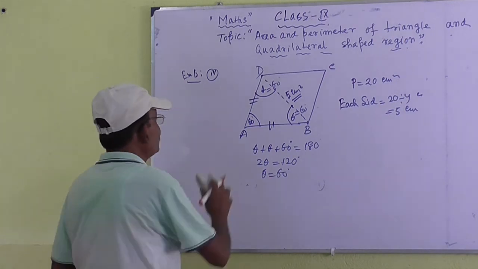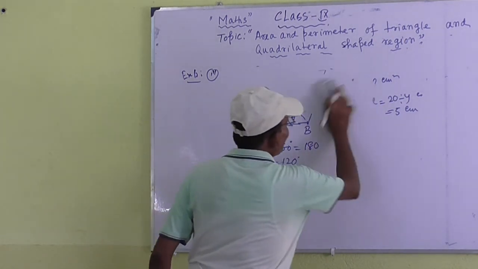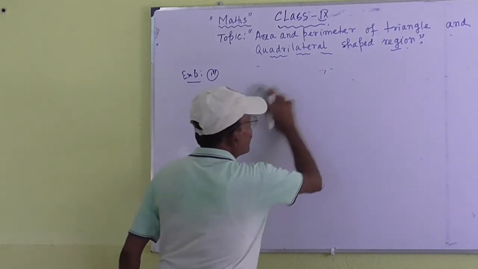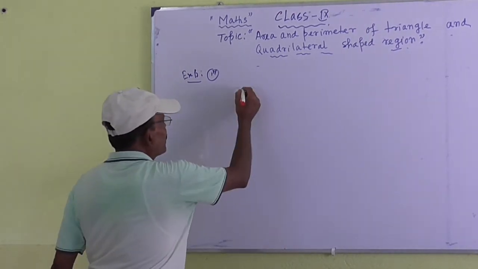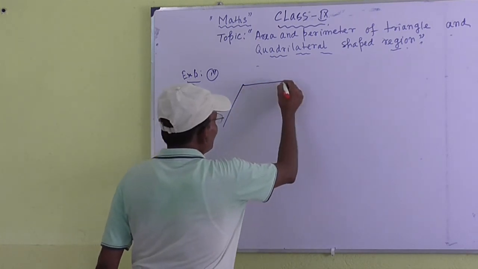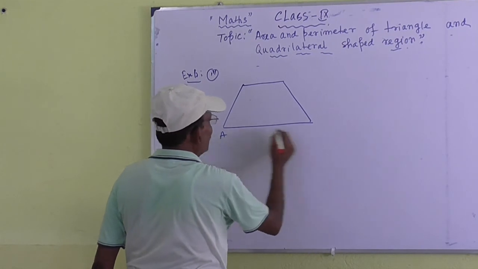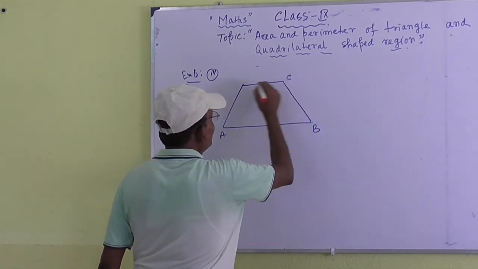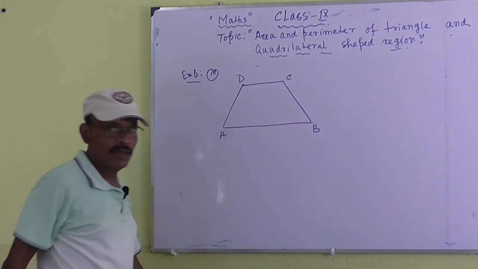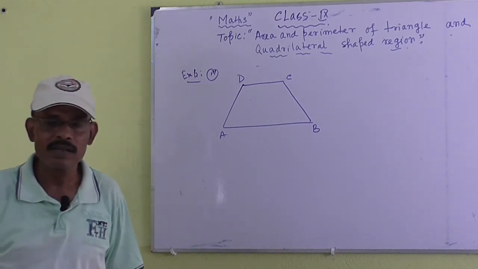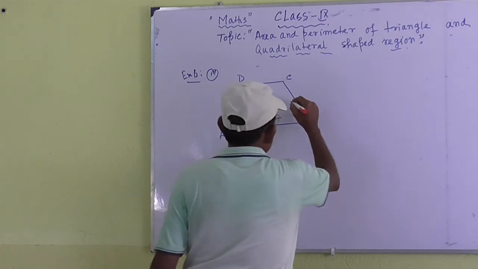Here it is given, this is a trapezium ABCD and the area of the trapezium is given, it is 60.